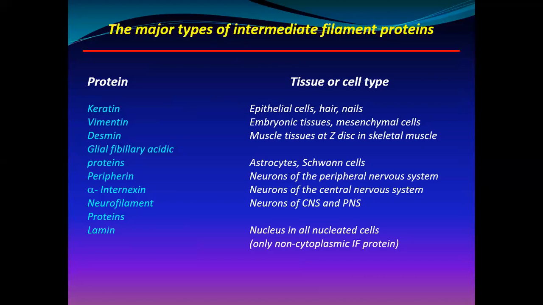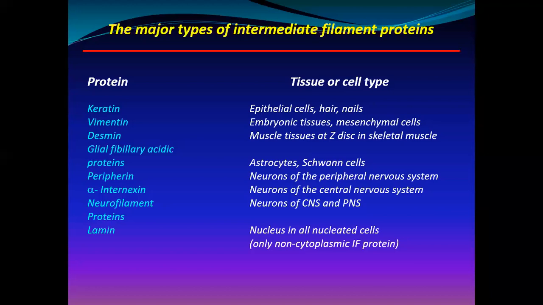And then there are cells called astrocytes, the cells surrounding the neurons. Along the axons of the nerve cell, there are cells called Schwann cells. They are glial fibrillary acidic proteins.